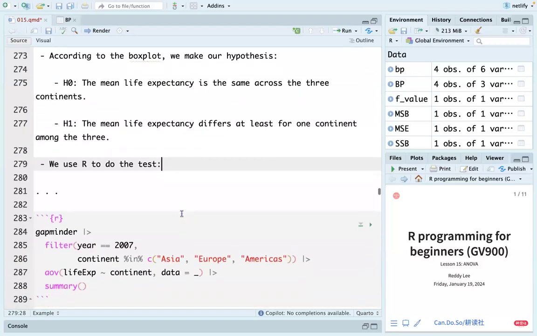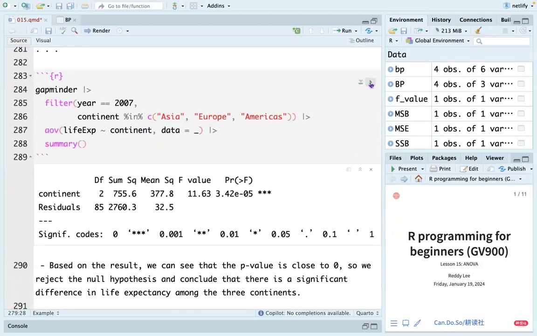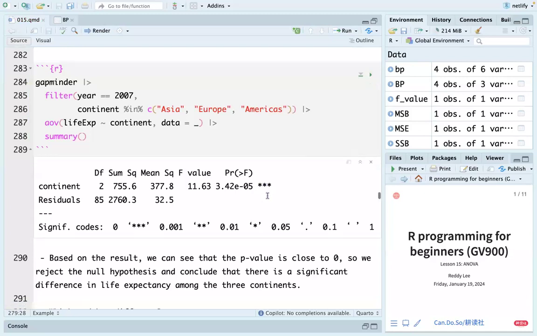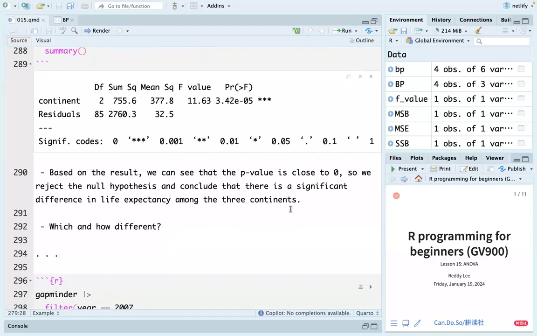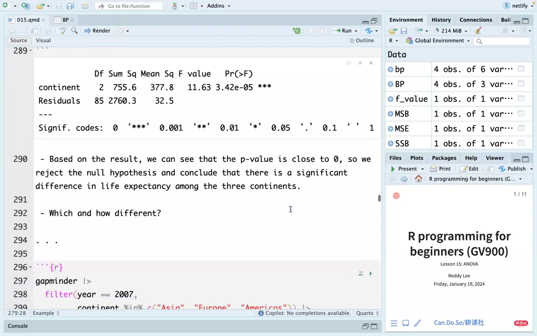So we use R to do this. And the p value is quite small, close to 0. So we reject the null hypothesis and conclude that there is a significant difference.